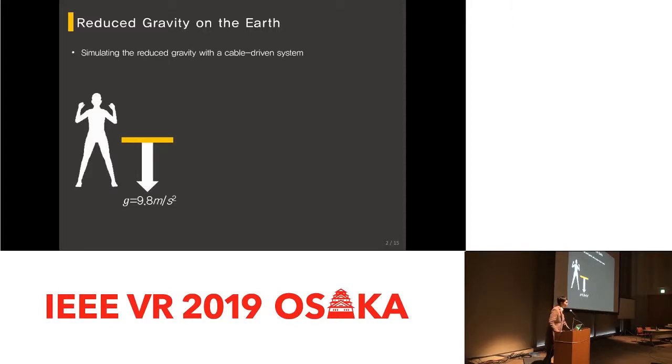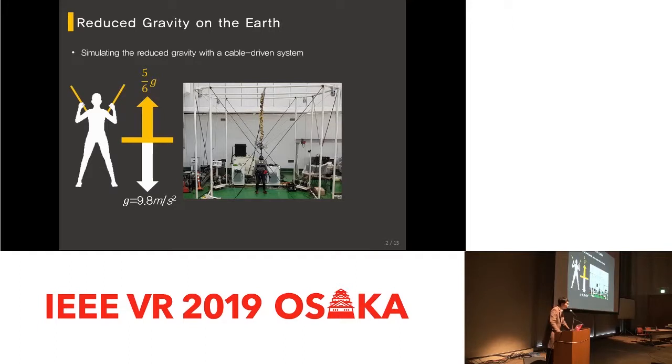The gravitational acceleration on Earth is 9.8 meters per second squared. In contrast, the Moon's gravitational acceleration is 1/6 of the Earth's. To provide this, we lift the user with a cable-driven system as shown on the right.